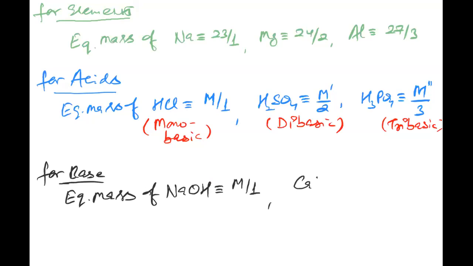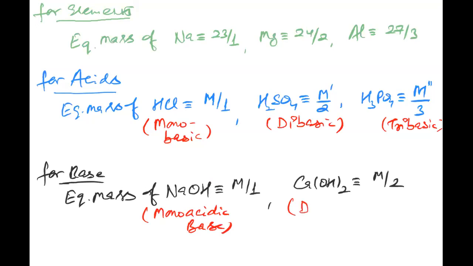In the case of calcium hydroxide, it is M divided by 2, as NaOH is a monoacidic base and calcium hydroxide is a diacidic base.